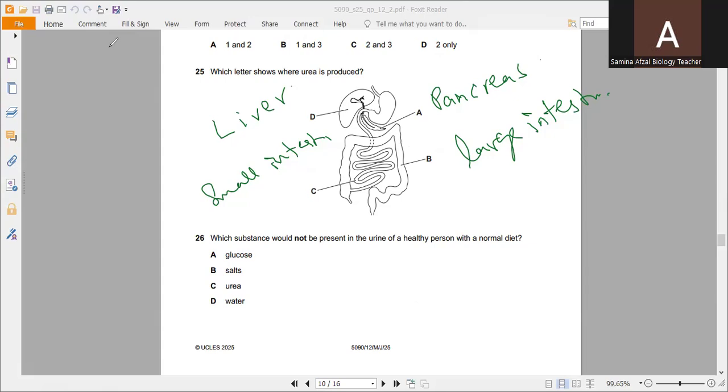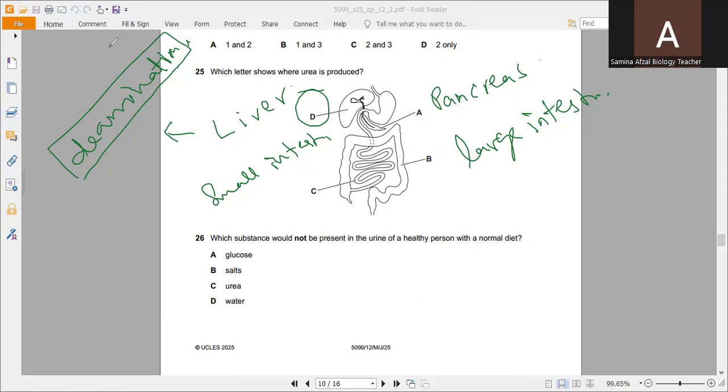Urea is synthesized there, because urea is produced through a process called deamination. Deamination is the breakdown of amino acids, and the excess amino acids are broken down during deamination. So D is the correct option.